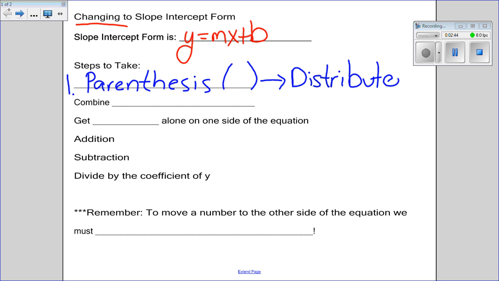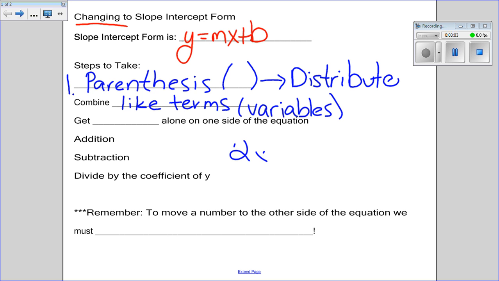Okay? Then you are looking to combine like terms. That means anywhere you see x's or y's, a variable. This is talking about variables, and perhaps numbers too, okay? So if I see something like 2x plus 2 minus x plus 7 equals y, I see x's up here that I can put together.